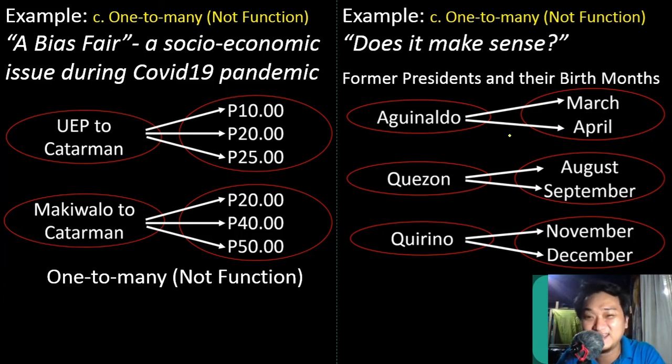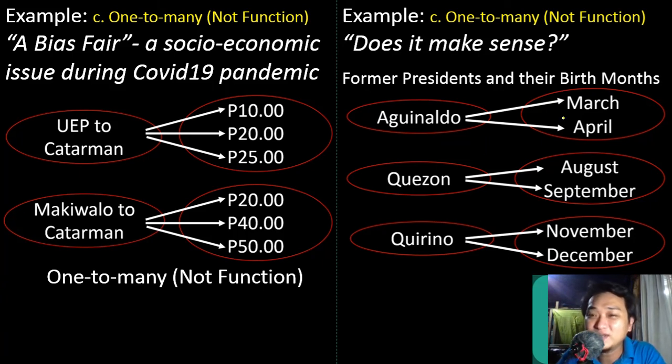Di ba hindi? So, pagka when we're pertaining to a person and their birth month, we will only pertain to one person and one birth month. Pero pwede ba na pinanganak siya in dalawa, not unless na magkamali ng data yung PSA, pero it's a common sense na for one person there would only be one birth month.